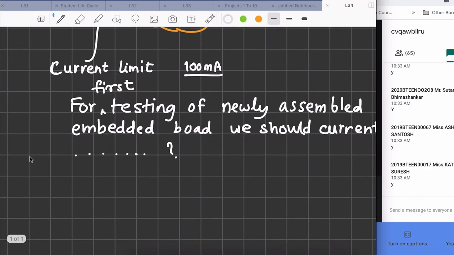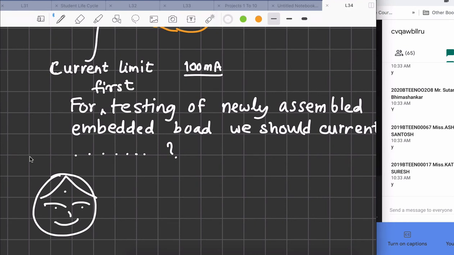Let us take an example. Suppose this is Priyanka. I am not able to draw good pictures today, but smiling Priyanka we can draw. And she is in a company, John Deere. She is given a job of designing a board which she has successfully completed.